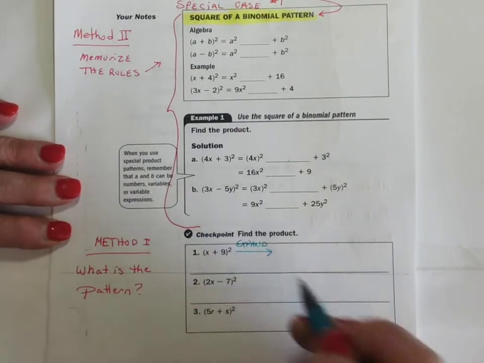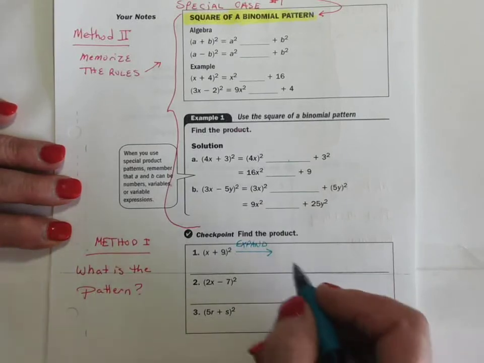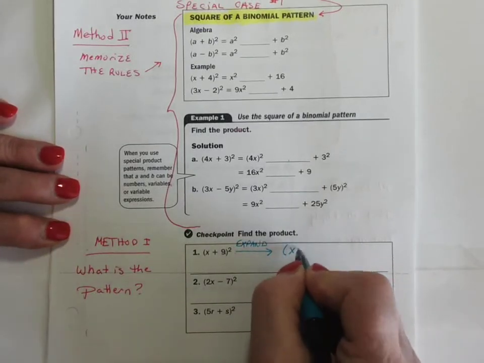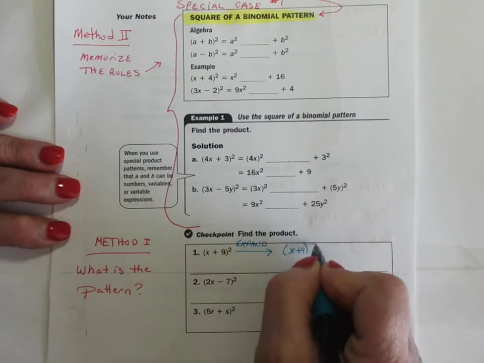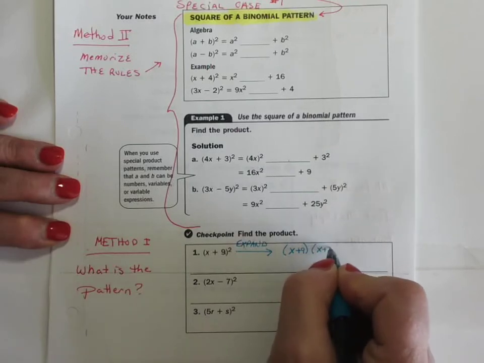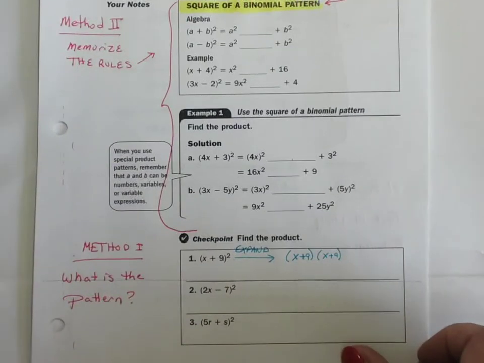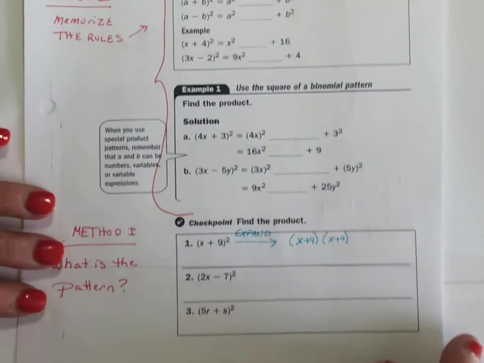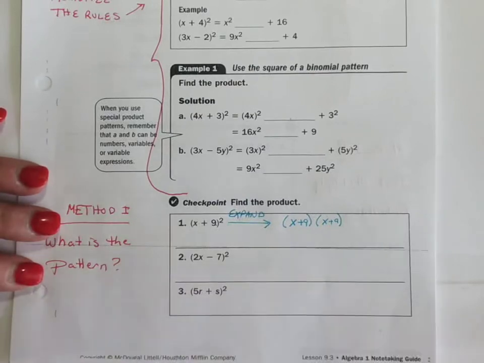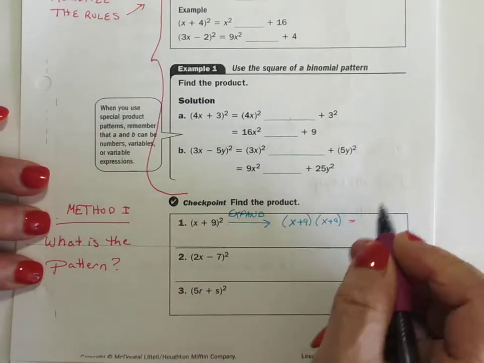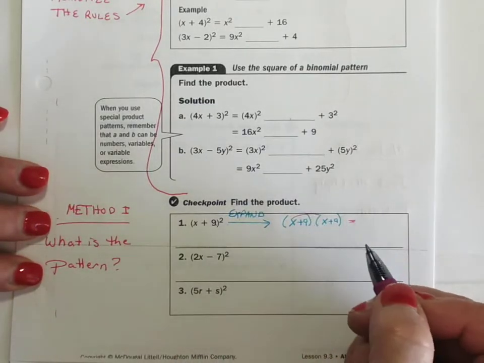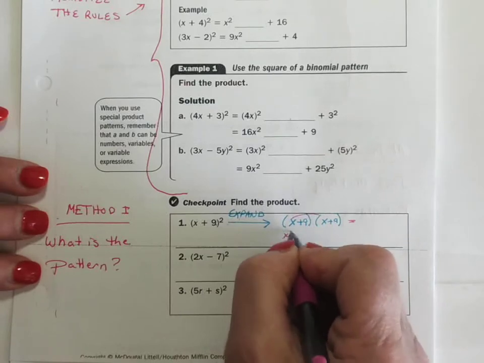If we expand this, we're going to get x plus 9, x plus 9. I'll make this a little bit bigger. So we've expanded it. Now we're just going to multiply. X times x, x squared.